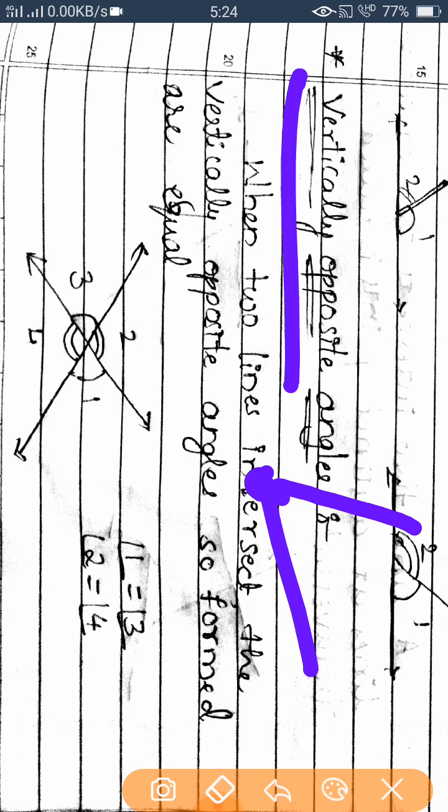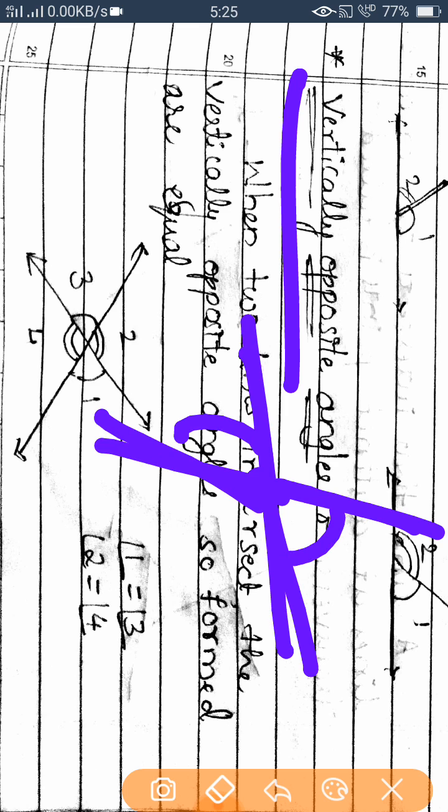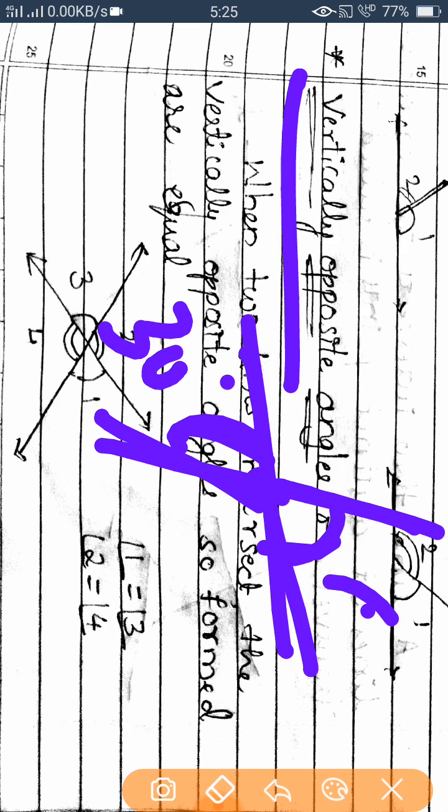Vertically opposite means it should be here. So it creates an X, two angles, and those are equal. If it is 30 degrees, it is always 30 degrees itself. These are the special pairs.